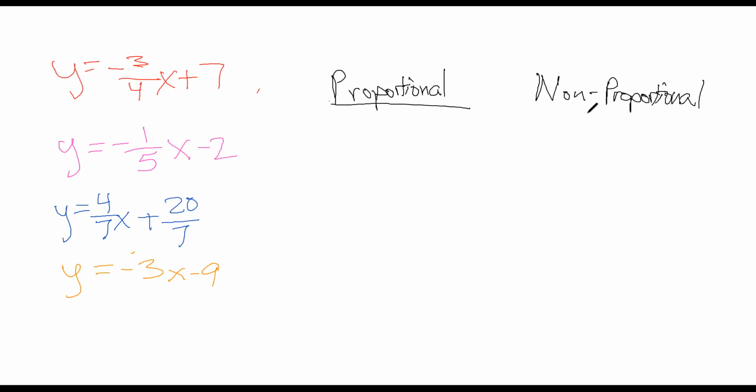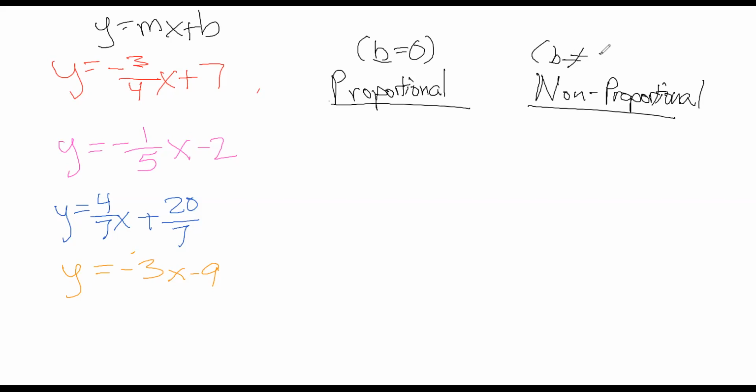And if you recall, when we're looking at proportionality, we need to specifically look at the y-intercept, which is the last term, or the term that doesn't have an x next to it, in y equals mx plus b. So we're looking specifically at b. And if b is 0, we know that this is considered proportional. And if b is non-zero, so any other number except for 0, we know it's non-proportional.